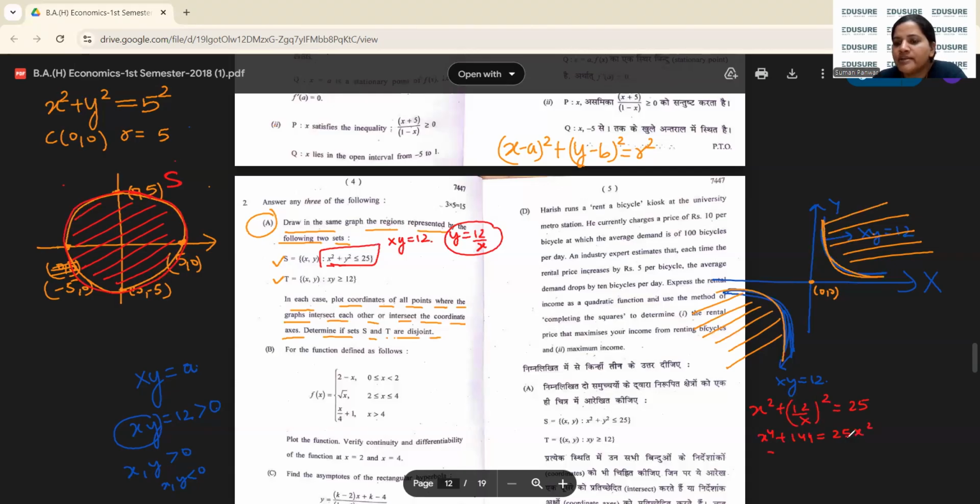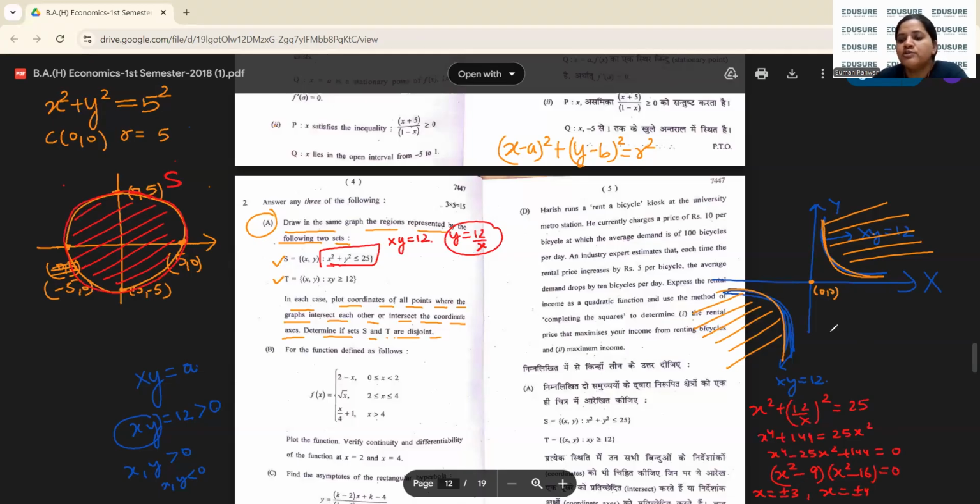So x to the power 4 minus 25x square plus 144 equals 0. If we factorize this, this is going to be x square minus 9 multiplied by x square minus 16, equal to 0. So from here we are going to get x equals plus minus 3 and x equals plus minus 4. So at these particular points we can look for an intersection.